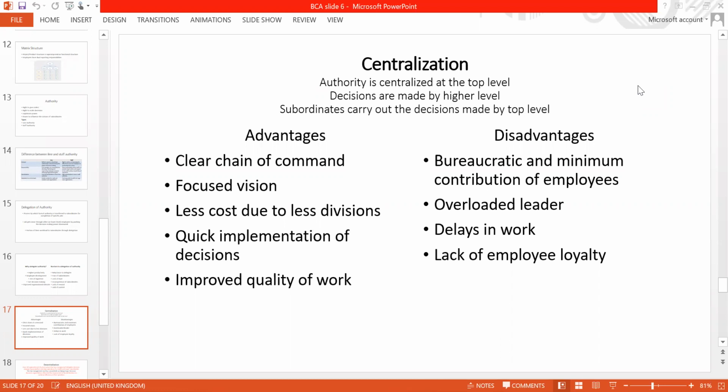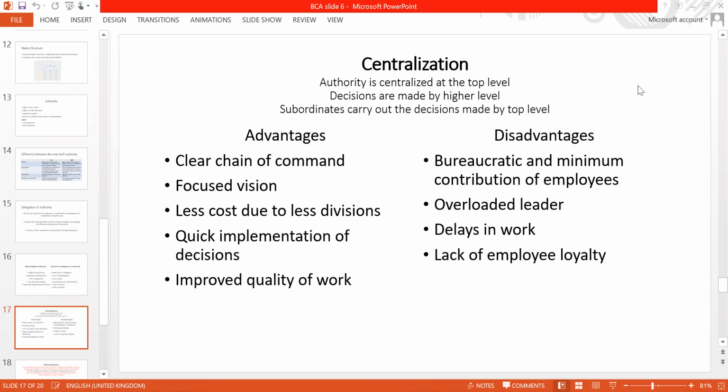And in a centralized structure, implementation of decisions is quick. Decision making takes a long time, right? In a centralized organization structure, decision making takes time because it has to go all the way to the top. Since the topmost level makes the decision, the decision-making process gets slow.